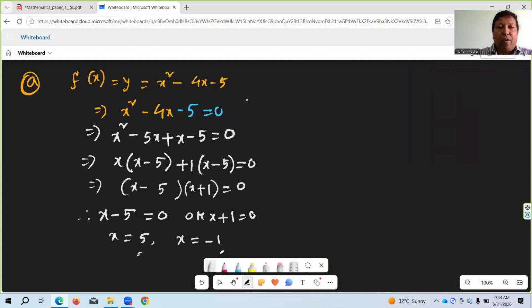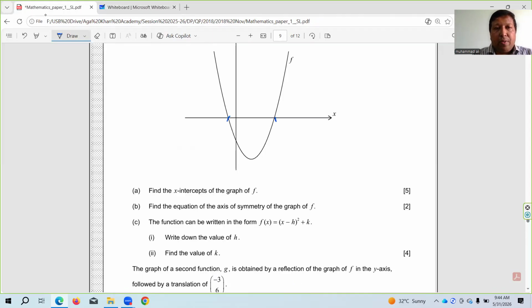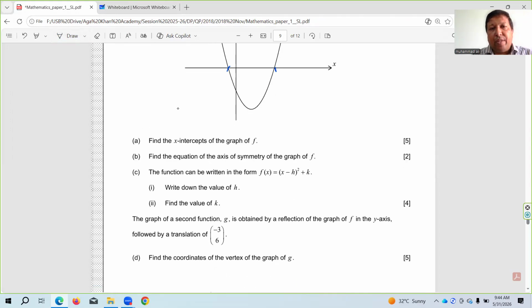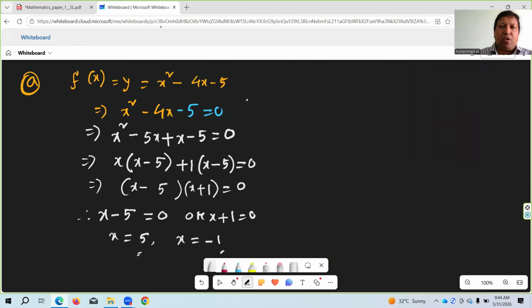Now part B, the equation of the axis of symmetry of the graph of f. If you want to find the axis of symmetry, we have to add both of these x values and divide by 2, so 5 minus 1 divided by 2.